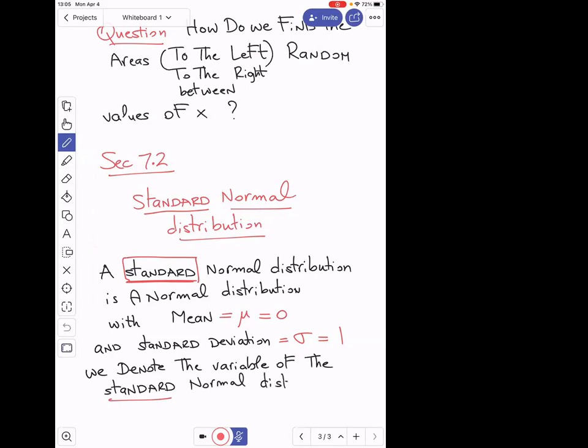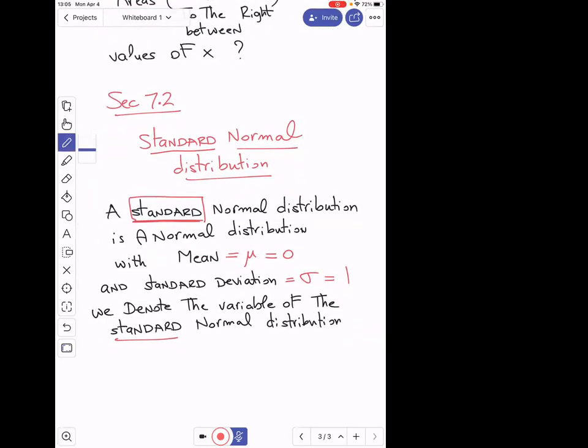Instead of X, we're gonna use Z. You'll see later why we change X to Z. So we denote the variable of the standard normal distribution by the variable Z.